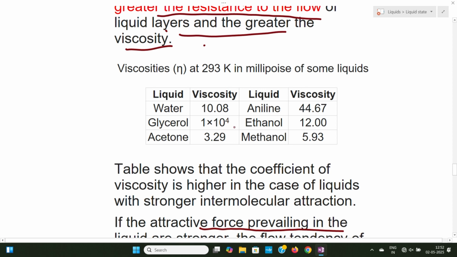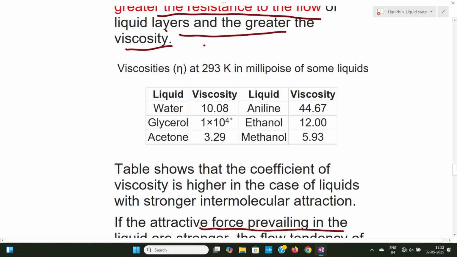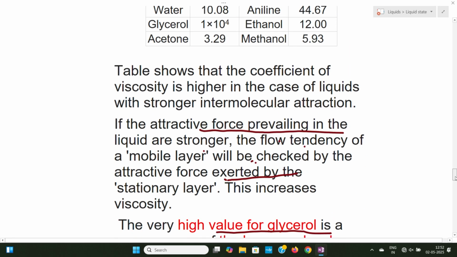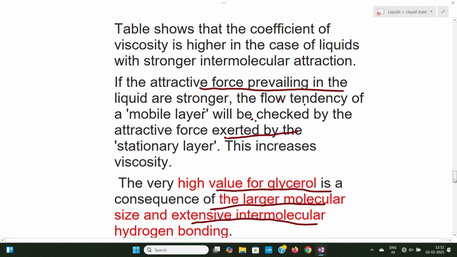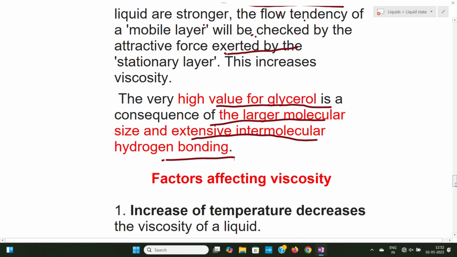That means the intermolecular force of attraction of glycerol is high, and the intermolecular hydrogen bonding is also high. This is about viscosity and intermolecular forces. To conclude, if the strength of the intermolecular forces is high, then the liquid will be more viscous. If the strength is less, then the viscosity will be less.